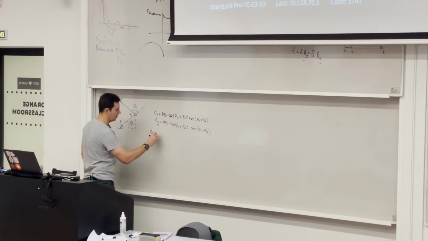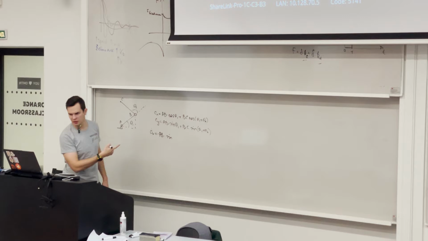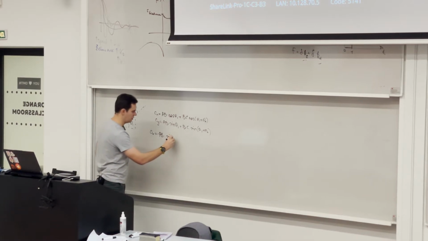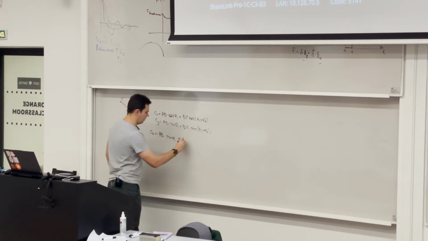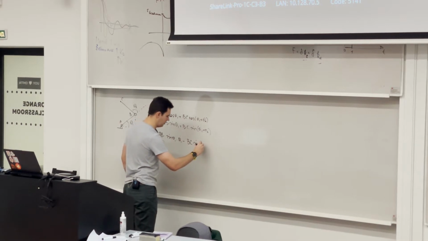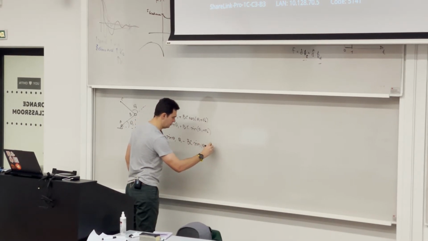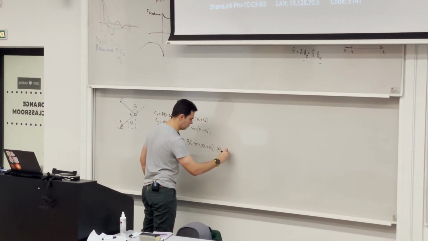Great. Time derivative. Cx, you need to take a time derivative. It will be AB times sine, with a minus. Okay, right? Minus sine θ1 times θ1 dot. Do you agree? Then BC, actually minus here, minus sine of θ1 plus θ2 times θ1 dot plus θ2 dot.